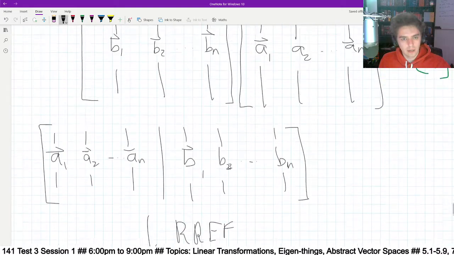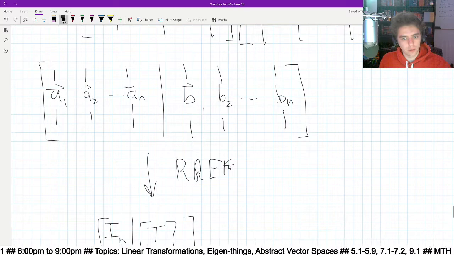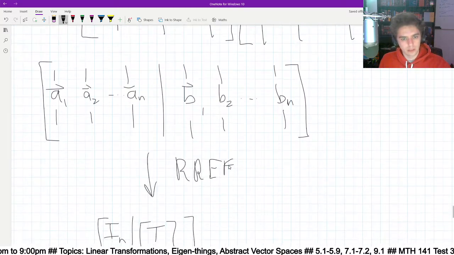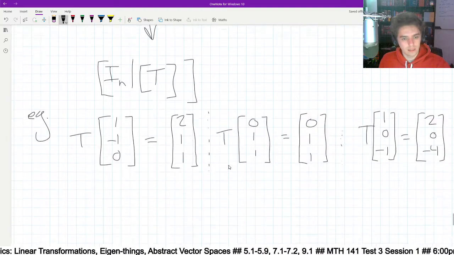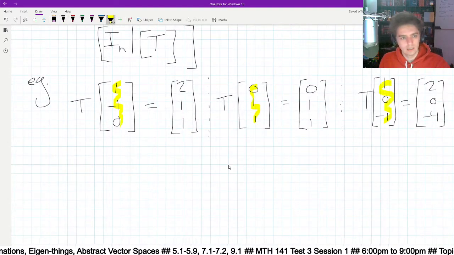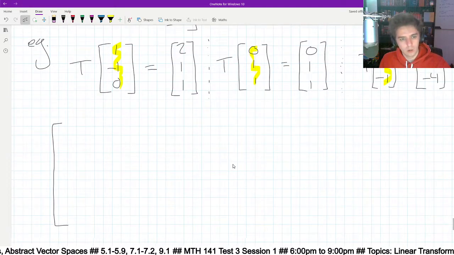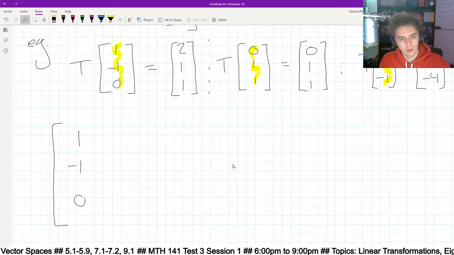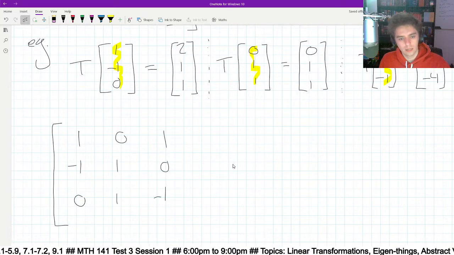Like I said up here, I'll do it this way with the row reduction because I don't want to do multiplication. So we take all the input vectors, this, this, and this, and put them on the left side of a matrix: 1, -1, 0, 0, 1, 1, 1, 0, -1.